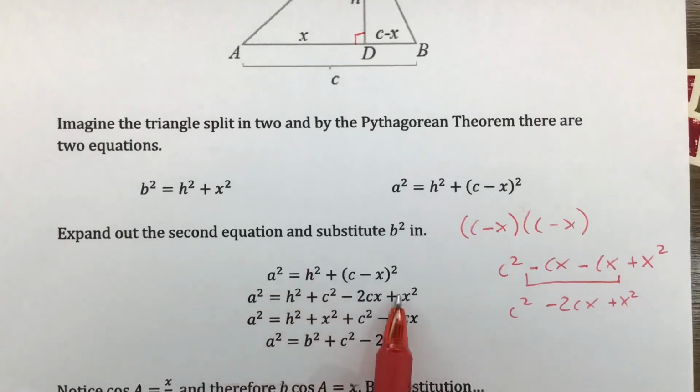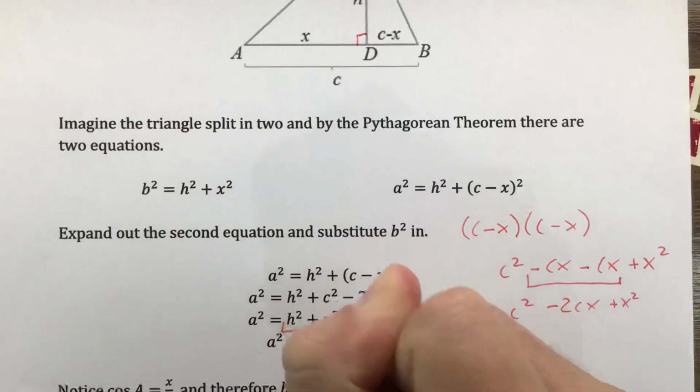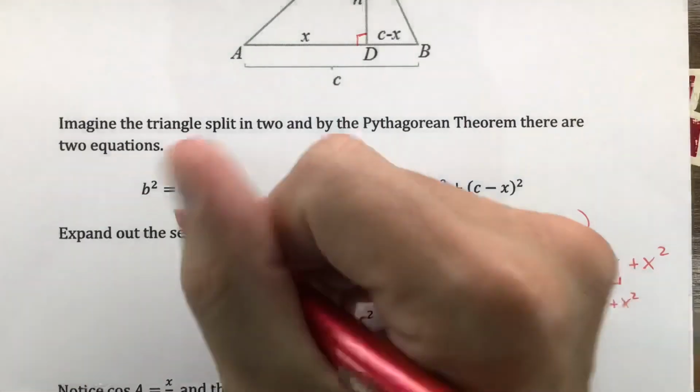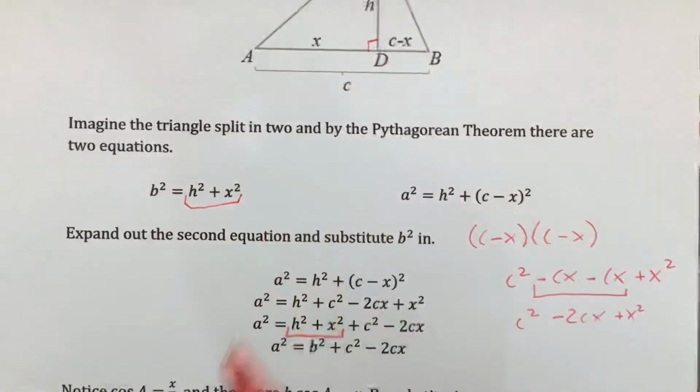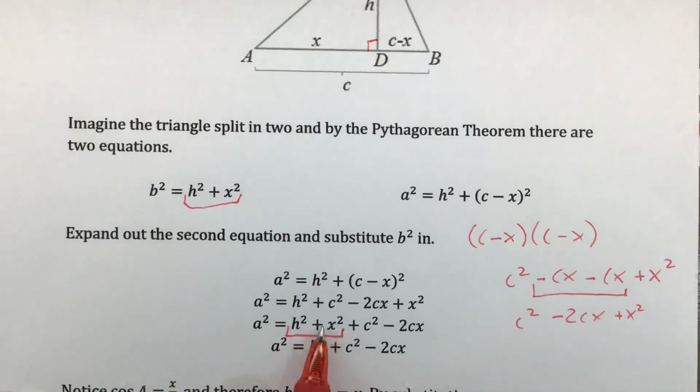Not all the way to the front, but right here, between the h squared and the c squared, which you'll now see in the third line. The reason we move it there is because h squared plus x squared is right up here, which is b squared.